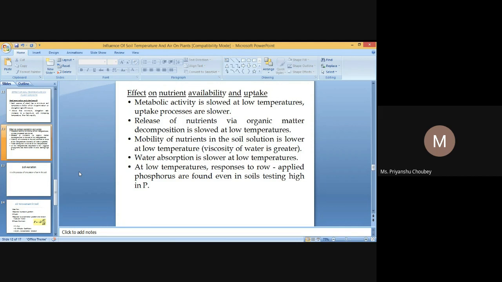So, what are the essentiality criteria for essential nutrients? First, a deficiency of an essential nutrient element makes it impossible for the plant to complete the vegetative or reproductive stage of its life cycle.